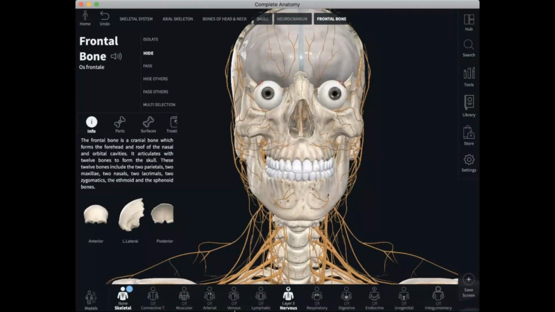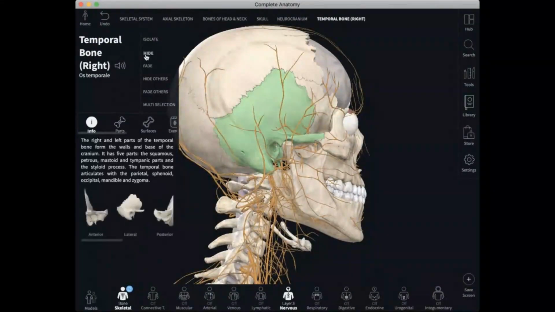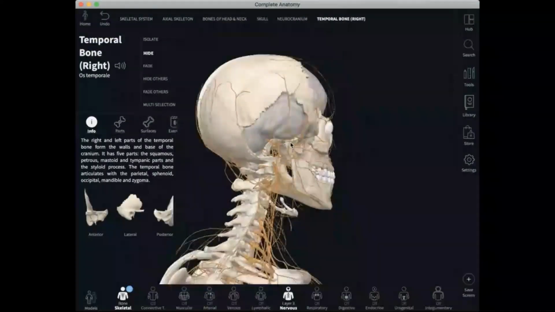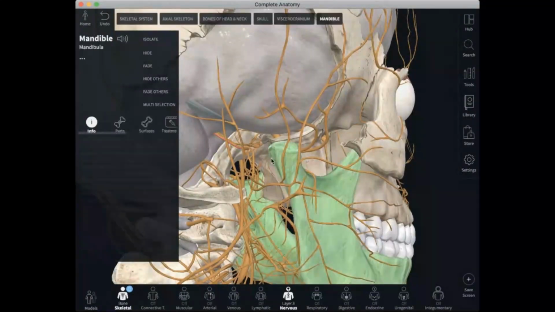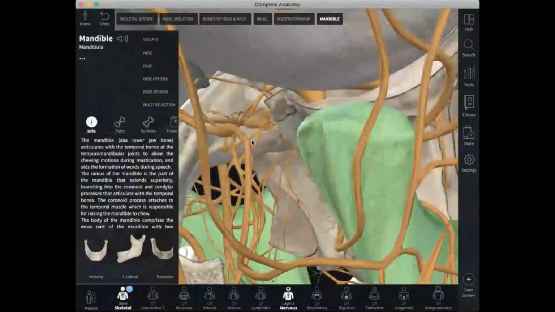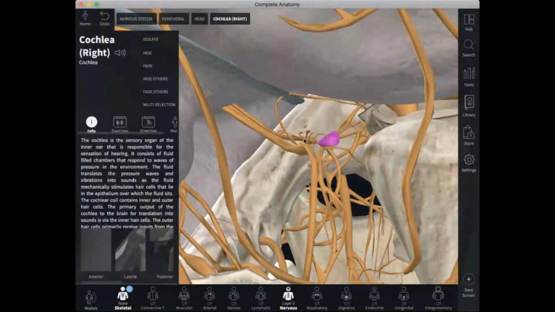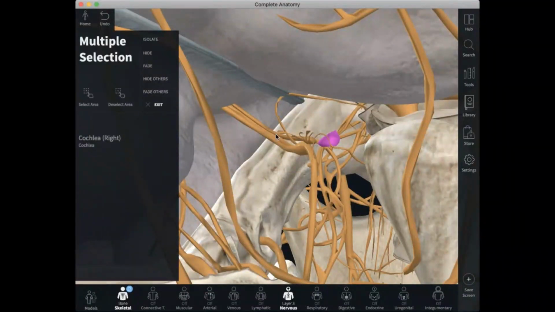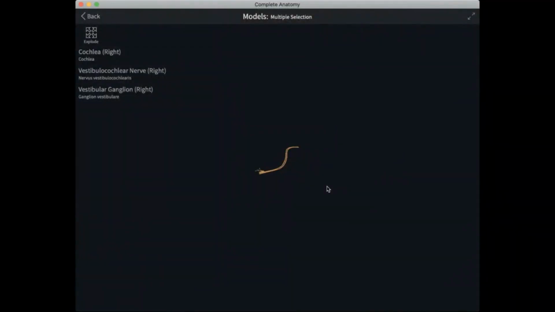remove this temporal bone. Yes, okay, here you see, this is the nerve.